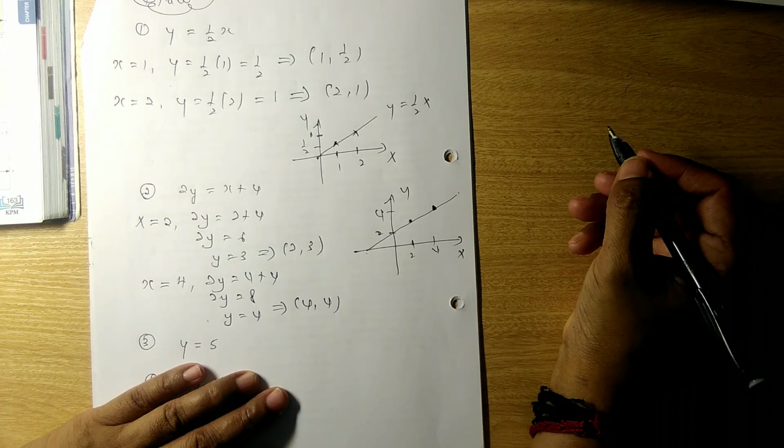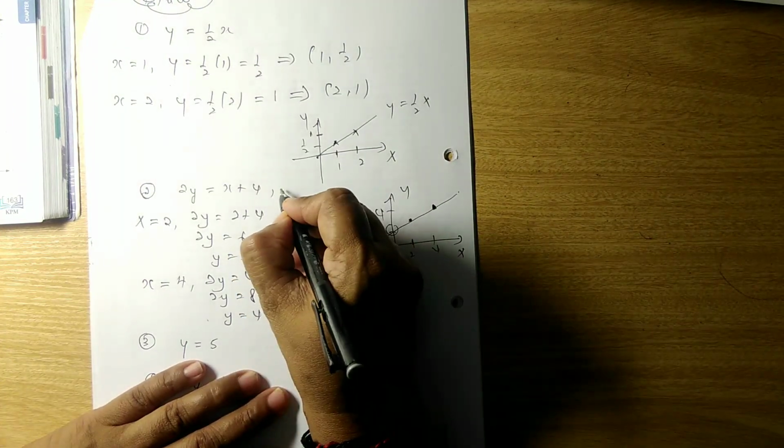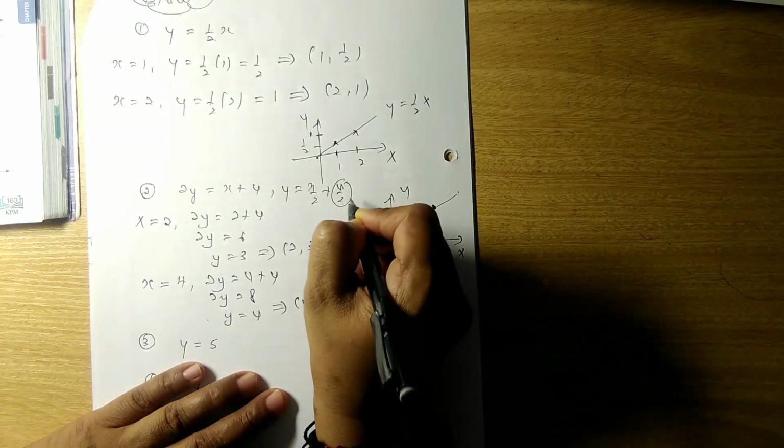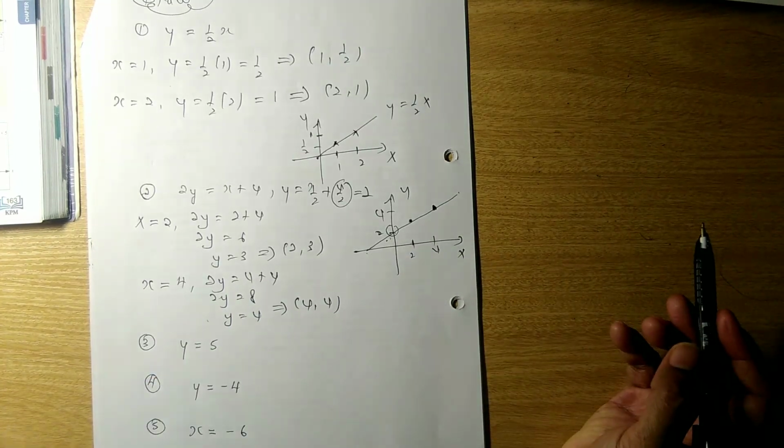And another way to double check is that your x-intercept is supposed to be 2. How do you get a 2? y becomes x over 2 plus 4 over 2. So this one gives you a 2. Okay, so that's your line.